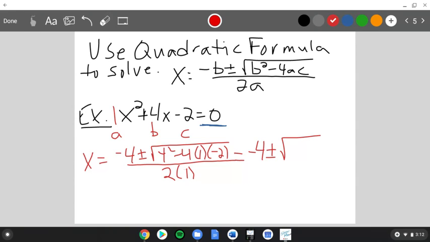And if you calculate the part under the square root, don't push the square root button, it comes out to be 24. 24 is not a perfect square, but we can break that down and simplify it, make a little factor tree.